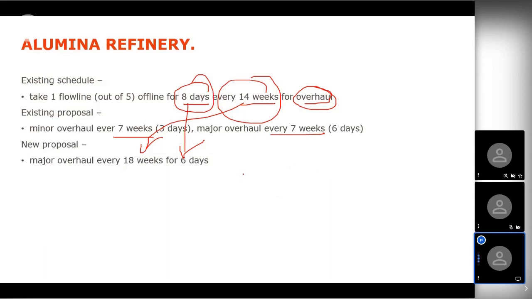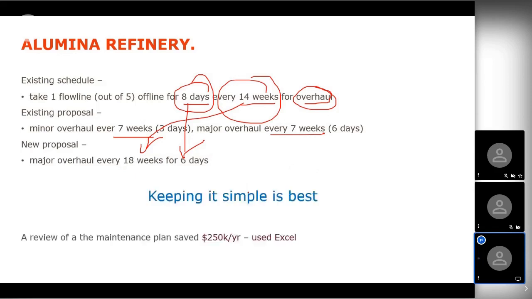And I did all of this on Excel. I didn't have fancy software, didn't have fancy analysis. It was all just done based on understanding the techniques. Saved 250,000 Australian dollars a year by just doing it in Excel. So I'm pretty sure that covered all of that work that we put into all of that time.